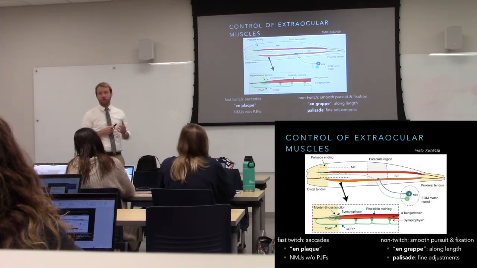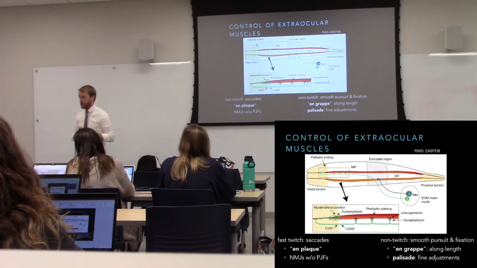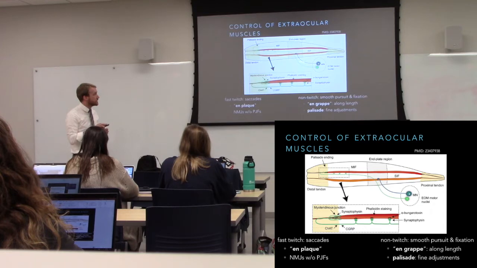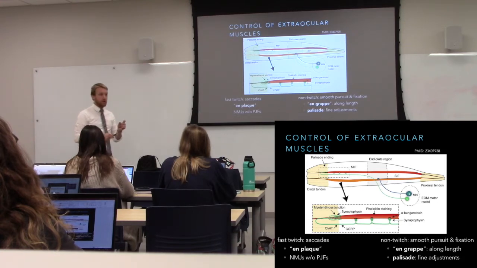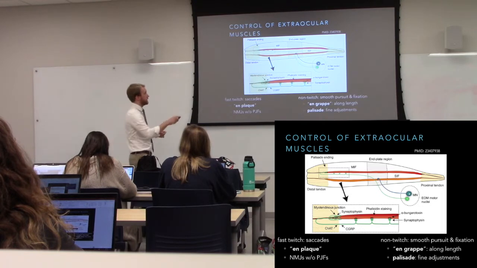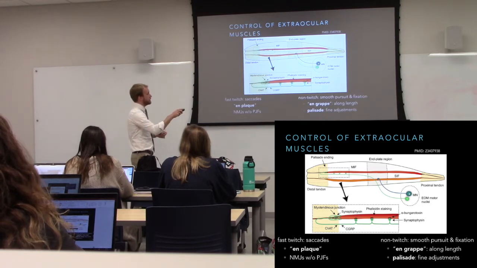So we get very weak, smooth contraction. The fast twitch fibers give very fast contraction, so they're going to be useful for saccades. We're getting rapid, uniform contraction and rapid ballistic movement of the eyes. Those slow, graded movements of the eyes, that's going to require these non-twitch fibers.